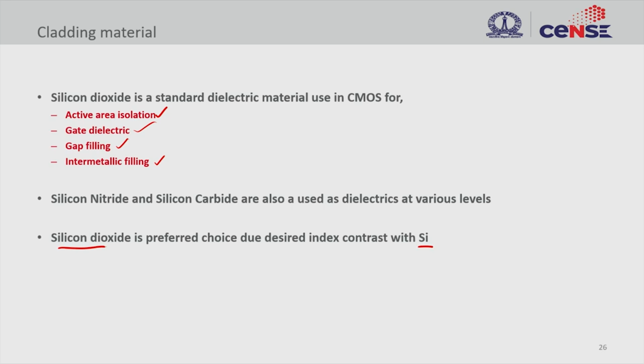When I say optical contrast, I mean the refractive index of silicon is 3.45, and silicon dioxide is 1.45, right? So this delta N that we see here is something very important in photonics. The choice of silicon dioxide comes in because it is non-absorbing, and at the same time, the refractive index is pretty low.